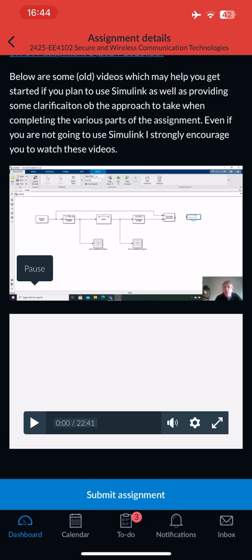The output of the error rate calculator is a number of values, one of which is the error rate. So I will feed the output of that into the input of the display block, and we'll see when we run the simulation that it literally displays the values produced by this.